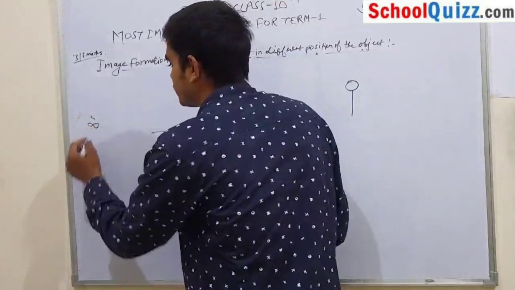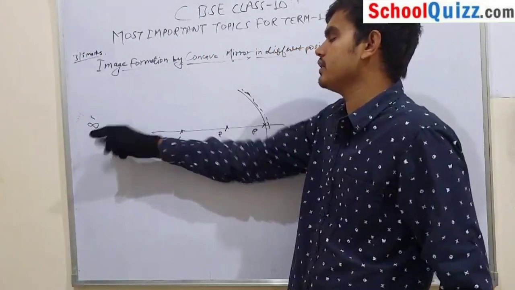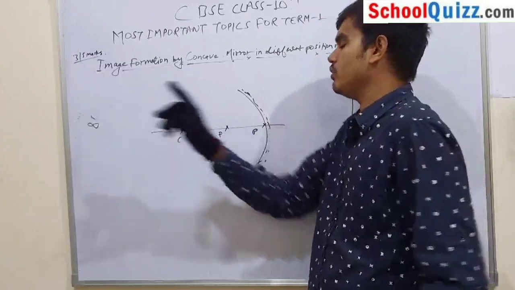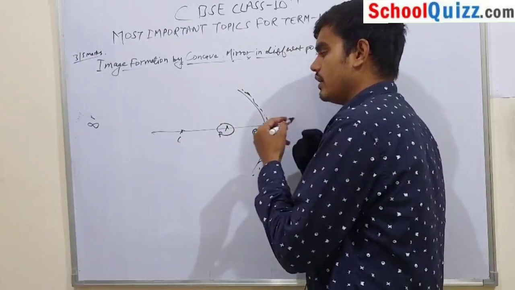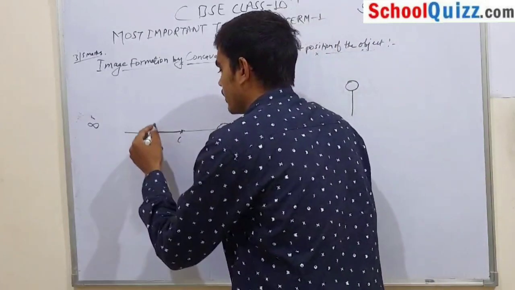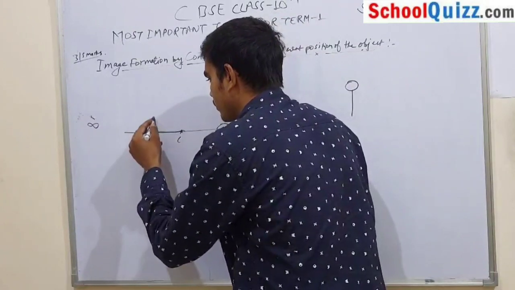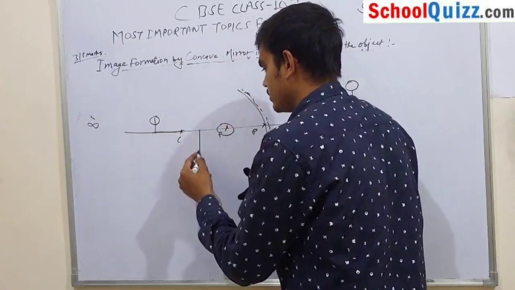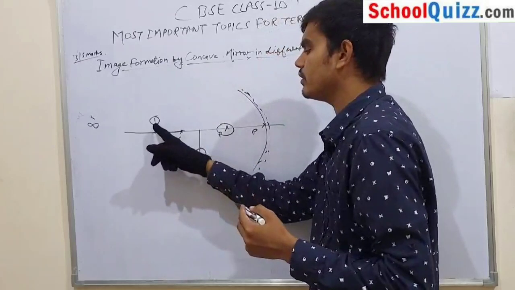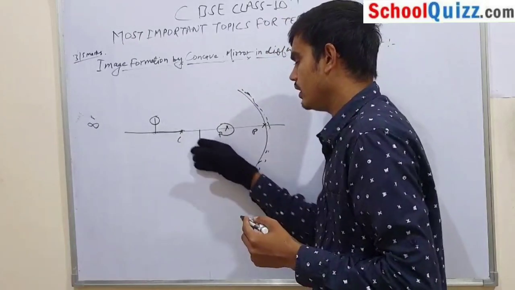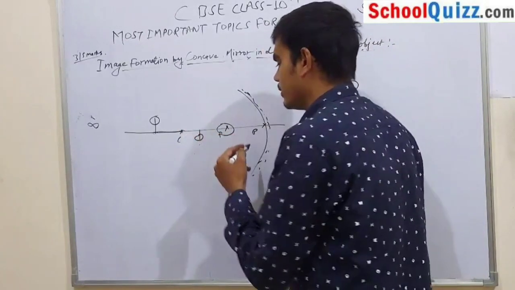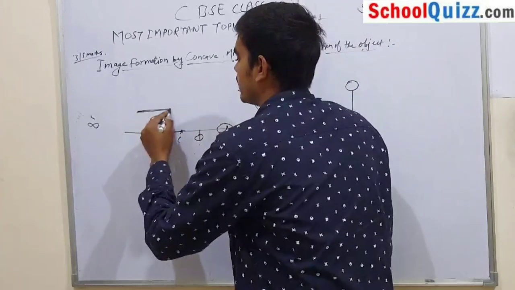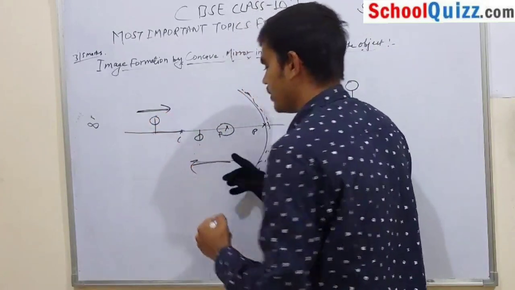First of all, we keep our object at infinity, and we observe that our image is produced at focus. Then we keep our object beyond the center of curvature, and then the image will be produced in between C and F. And as we come closer to the mirror, the image is shifting away from the mirror.